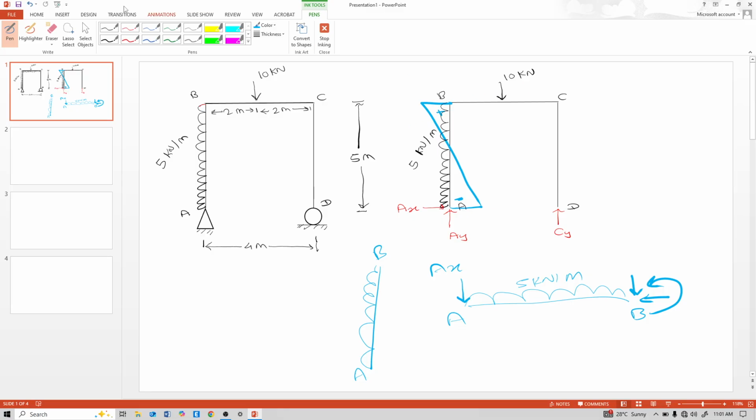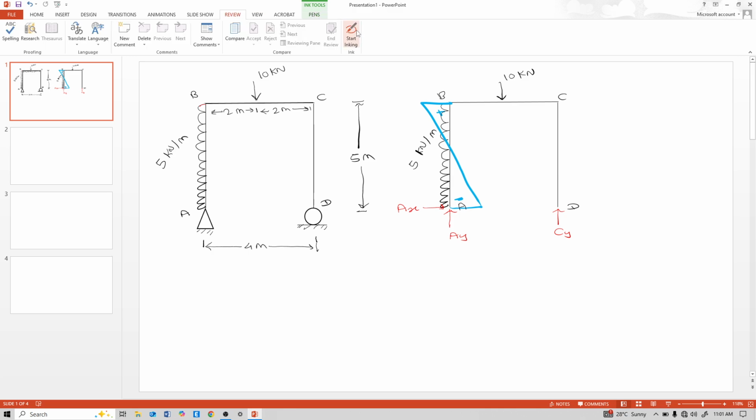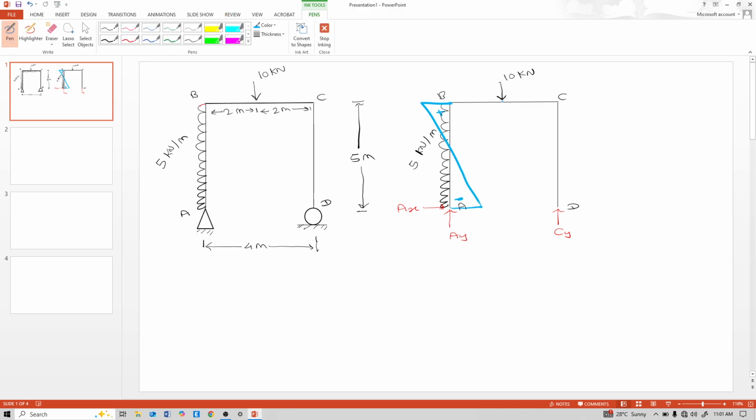Now this BC. On this BC, at the middle, 2 meter from point B, the 10 kN load acts. Don't consider deflection of this beam here.